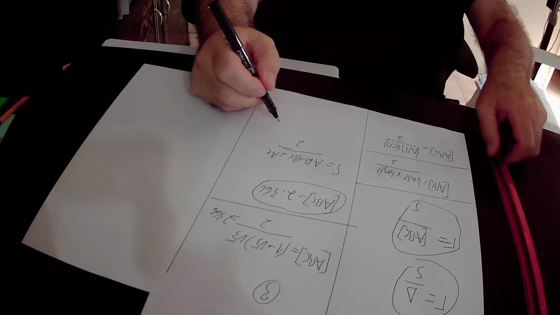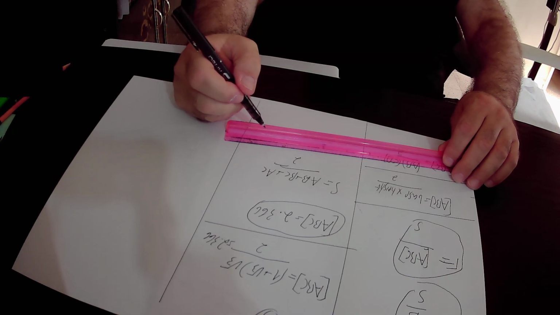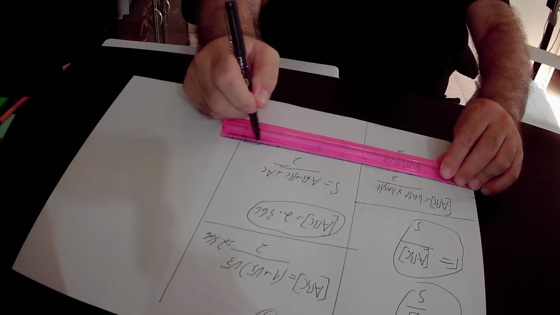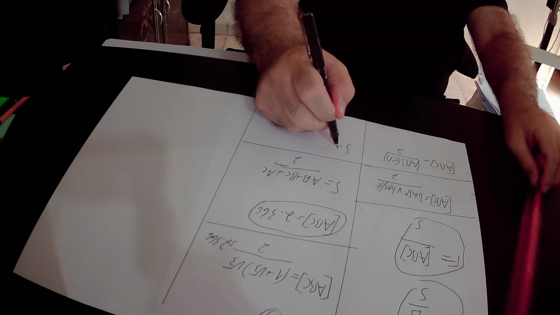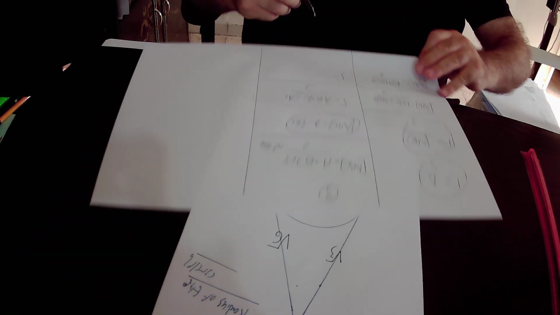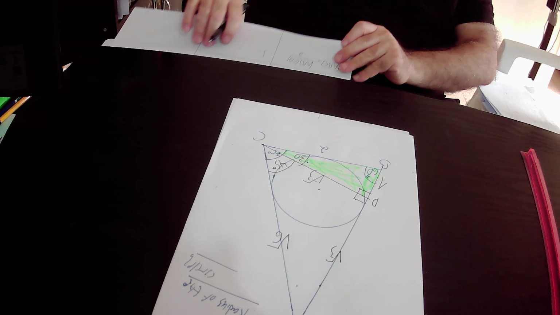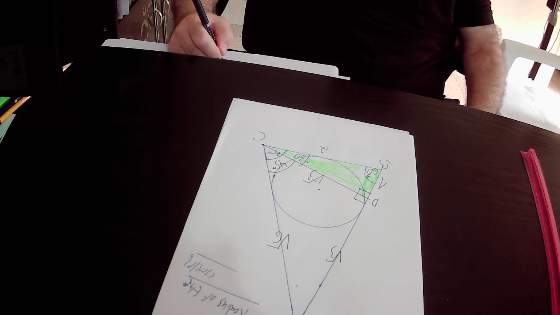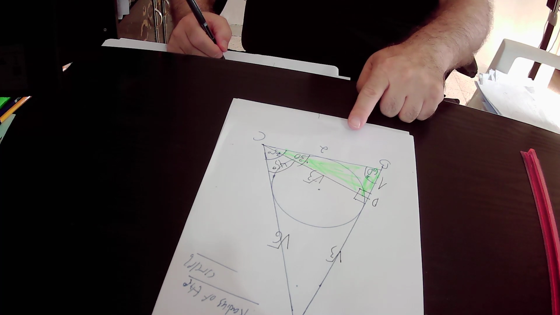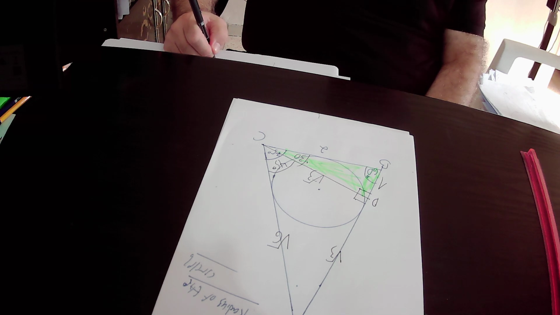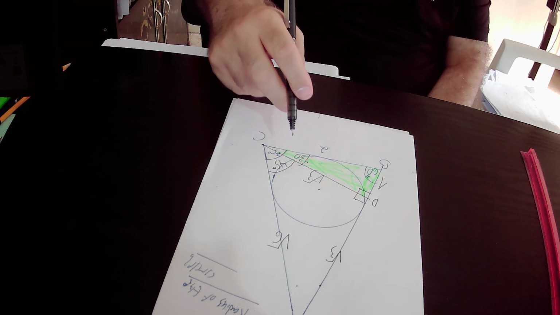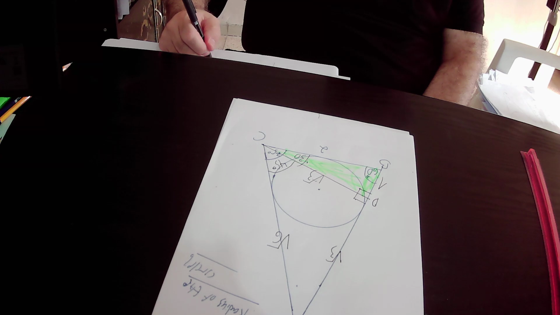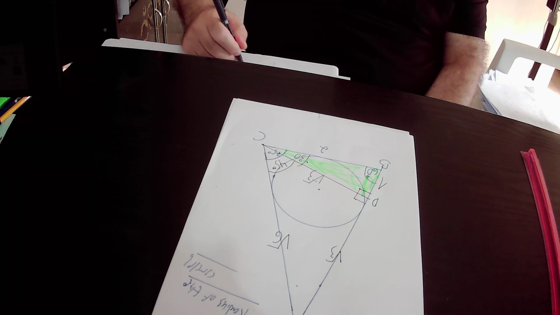So the semi-perimeter of triangle ABC is equal to AB, which is 1 plus the square root of 3 units, plus BC, which is 2 units, plus AC, which is the square root of 6 units, all divided by 2.